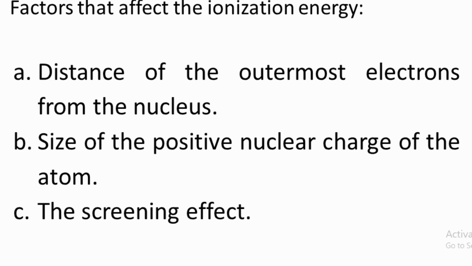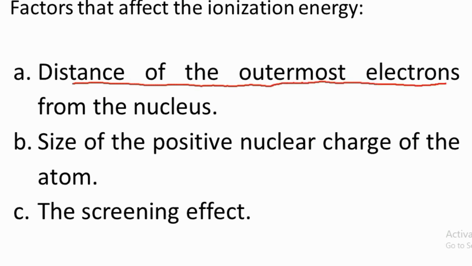Like I said, the farther the electron is away from the nucleus, the easier it is to remove an electron from the outermost shell. So distance is a factor that affects ionization energy.